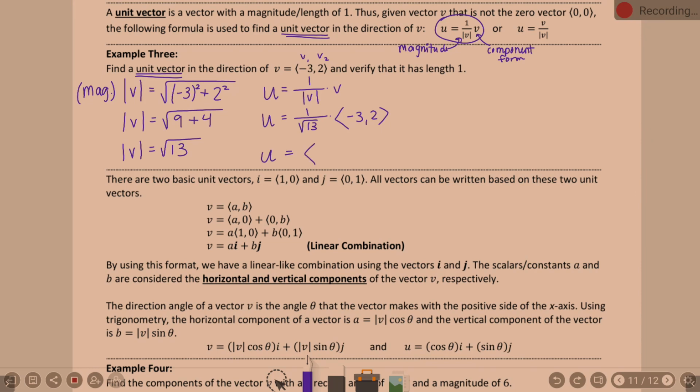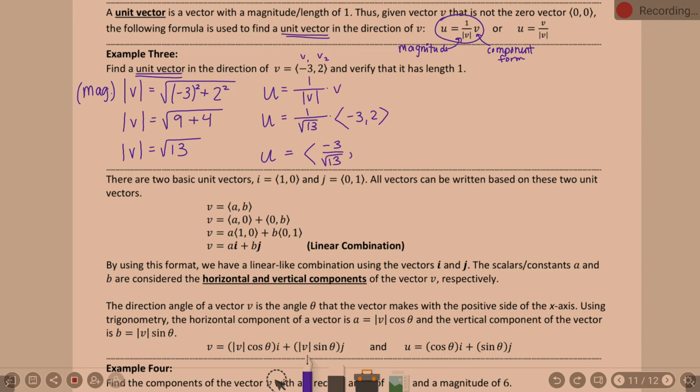Okay. Just think fractions, folks. 1 over square root of 13 is a fraction, yes? What's -3 as a fraction? -3 over 1. How do we multiply fractions? Straight across. Top times top, bottom times bottom. So the first one, 1 times -3 is -3. Square root of 13 times 1 is square root of 13.